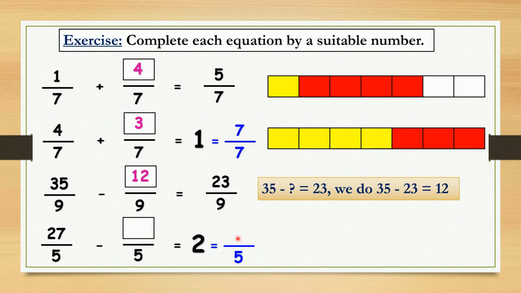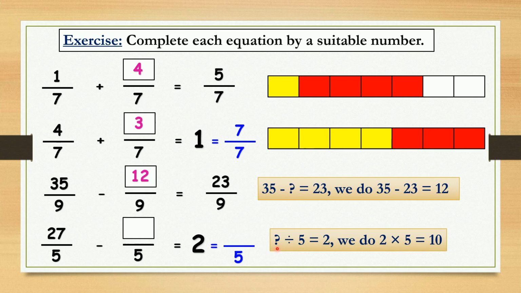How do I find the numerator? So I ask myself, which number divided by 5 equals 2? Don't forget that the over is in fact divided by. To find this number, I do 5 times 2, or 2 times 5, and the answer is 10.